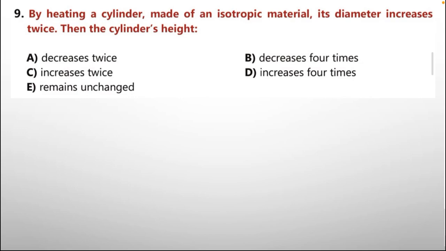Question number 9. By heating a cylinder made of an isotropic material, its diameter increases twice. The cylinder height? Options are given below. A. Decreases twice. B. Decreases 4 times. C. Increases twice. D. Increases 4 times. E. Remains unchanged.